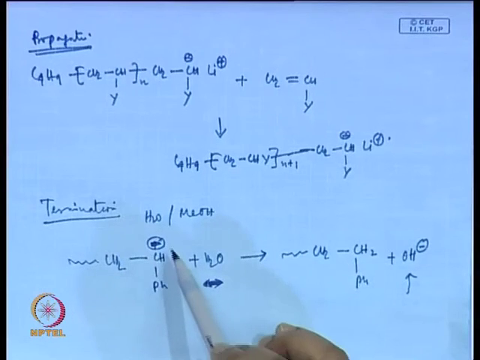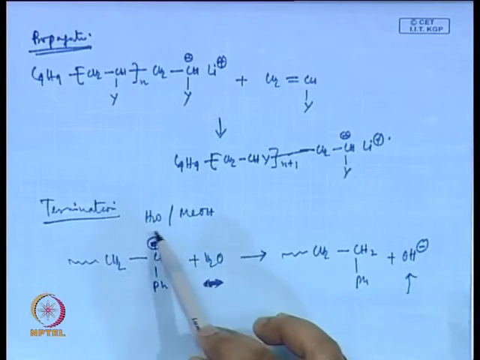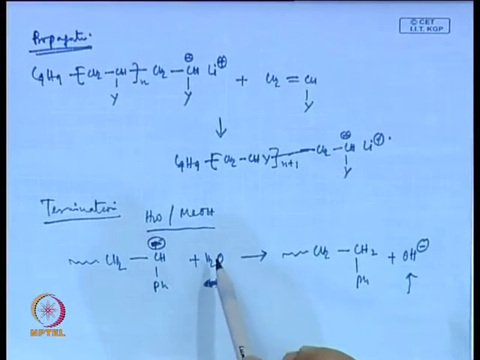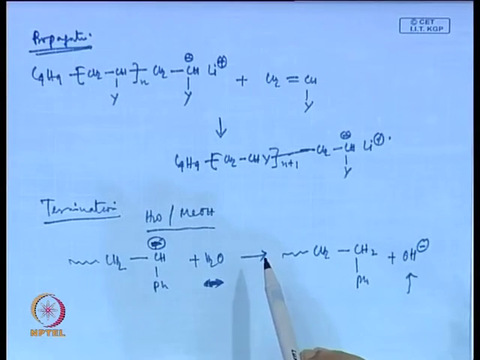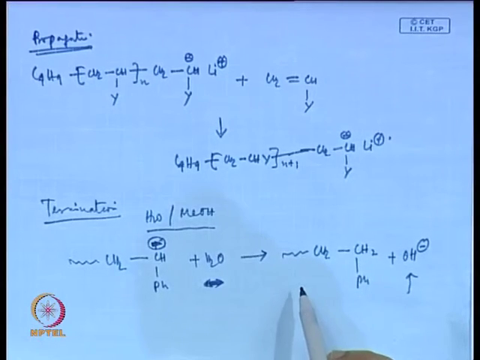So, if one is required to terminate the chain, you can add H2O or alcohol externally, but there are some polar monomers like methyl methacrylate or methyl vinyl ketone which can undergo side reactions, which restrict the molecular weight buildup.